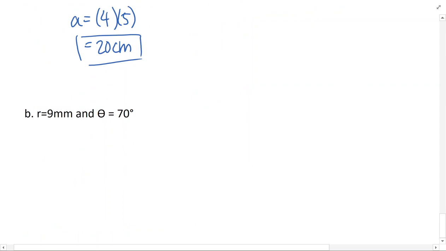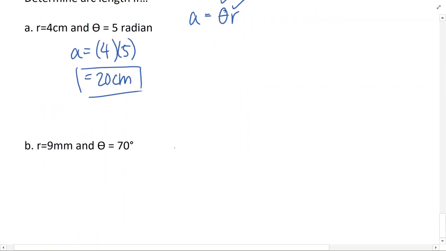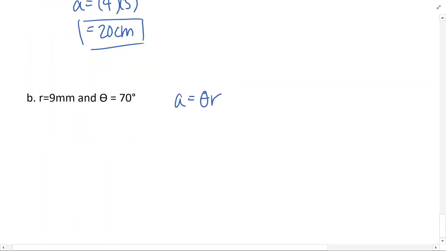All right, next one. This time the radius is 9 millimeters, and the angle is 70 degrees. Again, remember it's A equals theta r. So we do have some angle, and we do have some radius, but keep in mind this is not in radians, so we will need to change to radians.